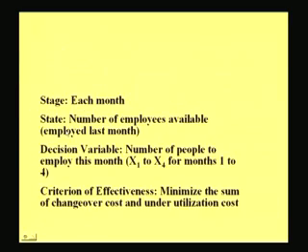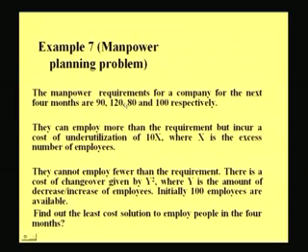Now, when we have 2 more stages to go, we are actually here. We assume that we are in the beginning of month 3 and we have a certain number of resources available to us, which is the number of people who worked in month 2.